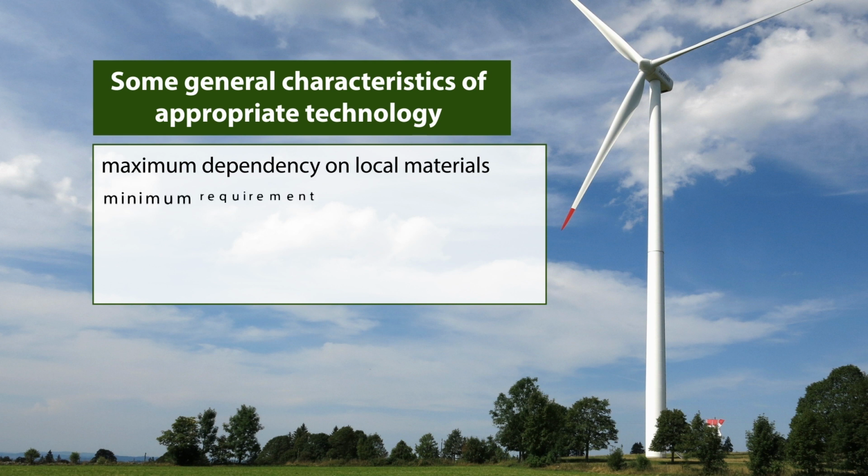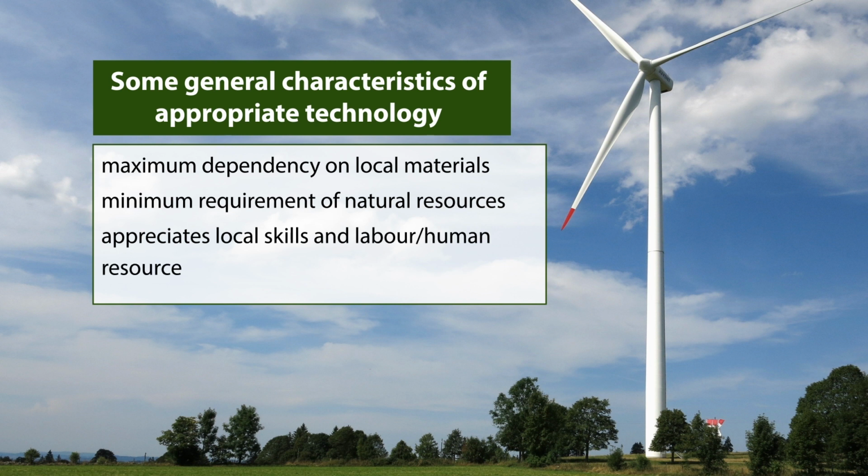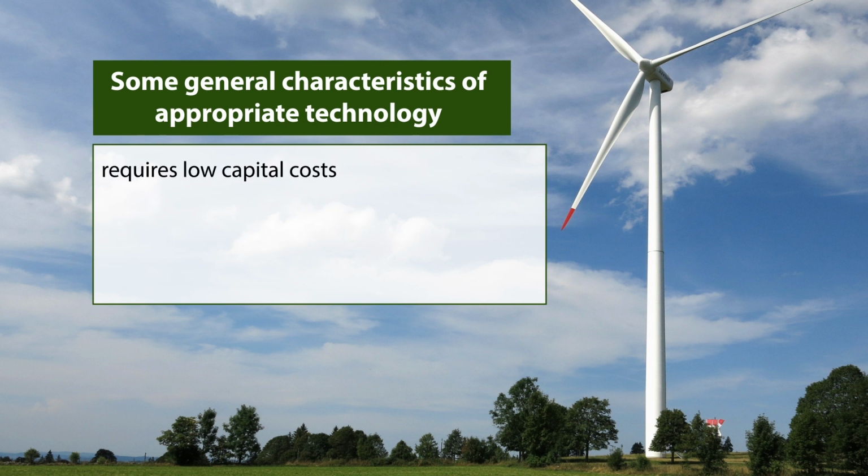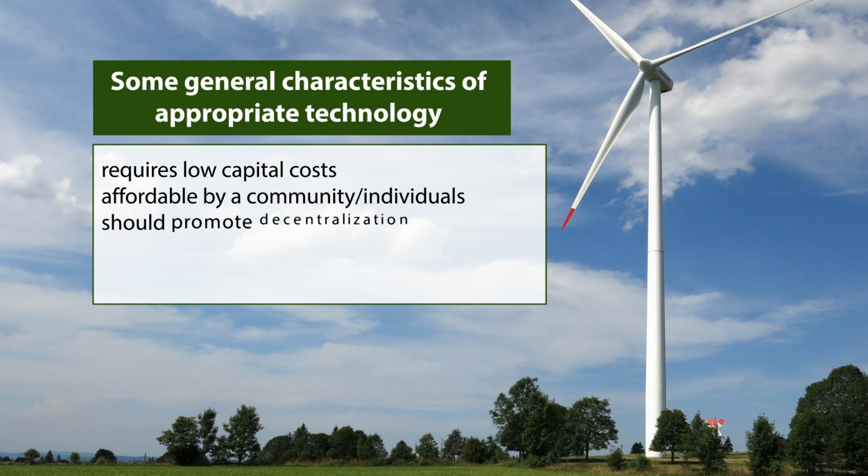and there is minimum requirement of natural resources. It also appreciates local skills and local labor and human resources, and it requires low capital costs. It is affordable by a community or individuals, and it promotes decentralization.